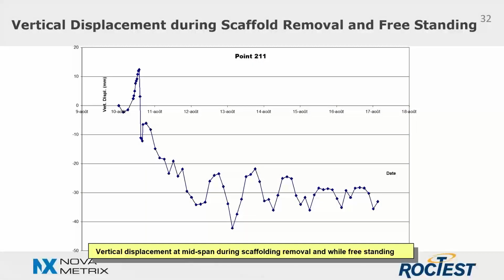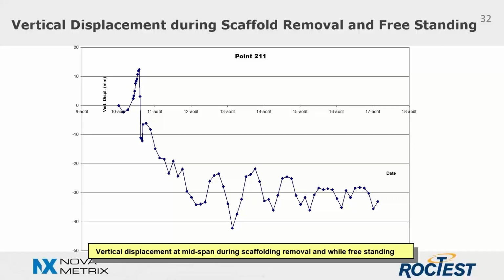Okay, so let's see a few analysis, few results. This graph shows the vertical displacement at the midspan of the arch during the scaffolding removal and the freestanding of the arch.